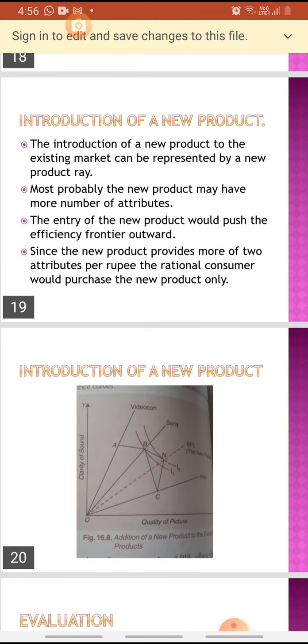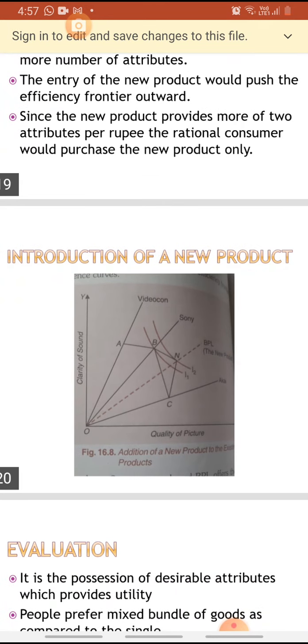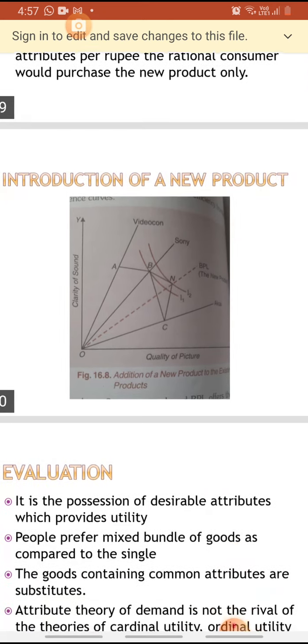Introduction of a new product is also being explained with the help of a diagram. Introduction of a new product to the existing market can be represented by a new product array. Most probably the new product may have more number of attributes. The entry of a new product would push the efficiency frontier outwards. So since the new product provides more attributes per rupee, the rational consumer would purchase the new product.